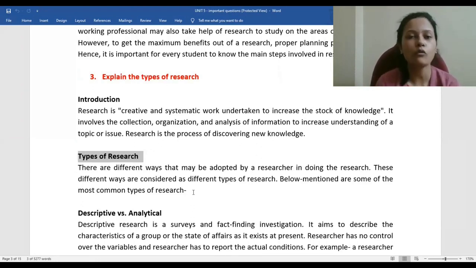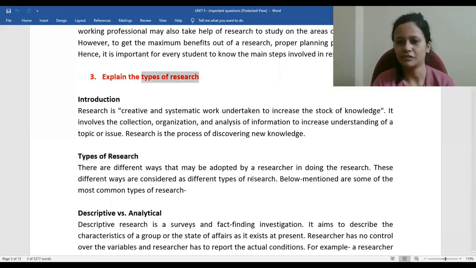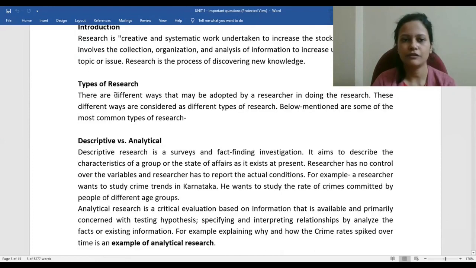That means how we are doing the research, based on that, there can be different types of research. All right. So different ways that may be adopted by the researcher. Researcher is mainly free, whatever he wants to do. Is he having enough time? Is he having enough money to spend on travels and stuff?